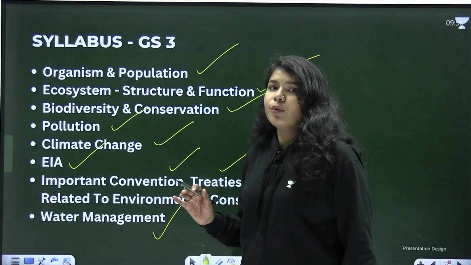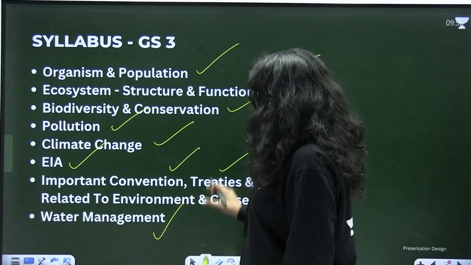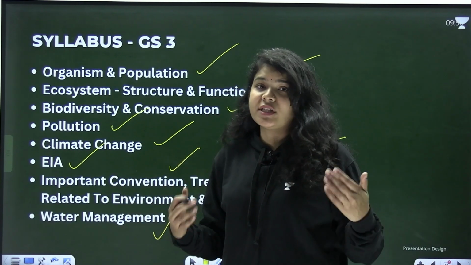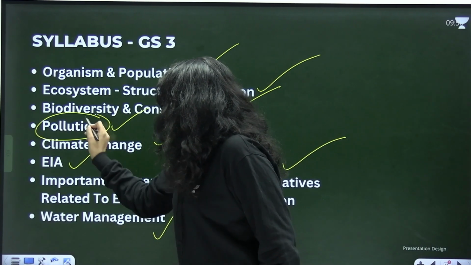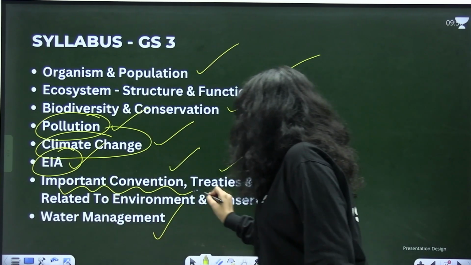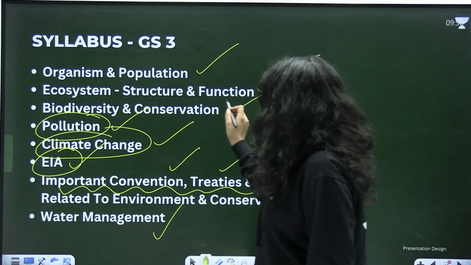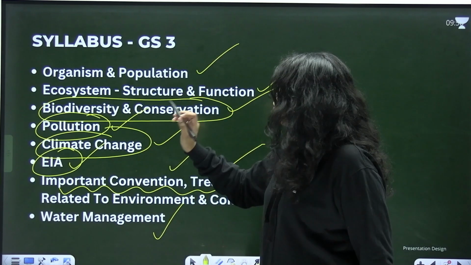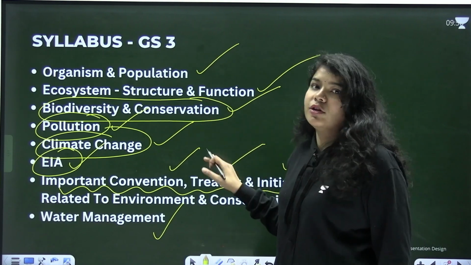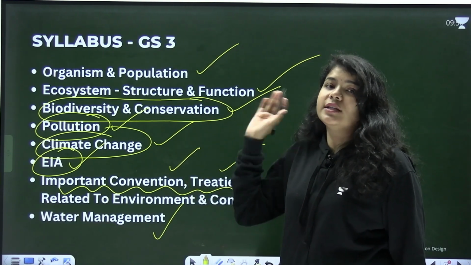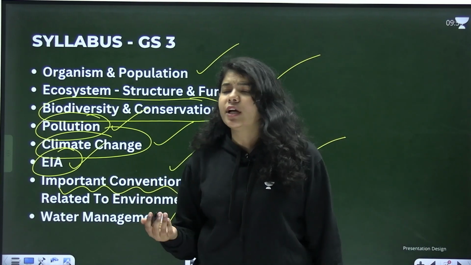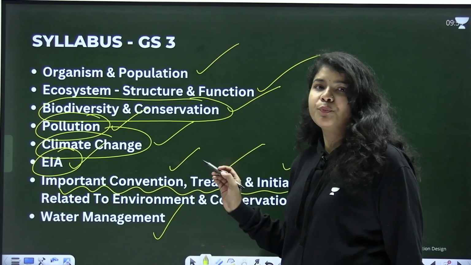When you assess these particular topics, we see that the topics that have developments every now and then are pollution, climate change, EIA, important conventions, treaties and initiatives, biodiversity and conservation. That is why I said that this particular paper is very dynamic heavy, because every now and then something or the other is happening in these regards.